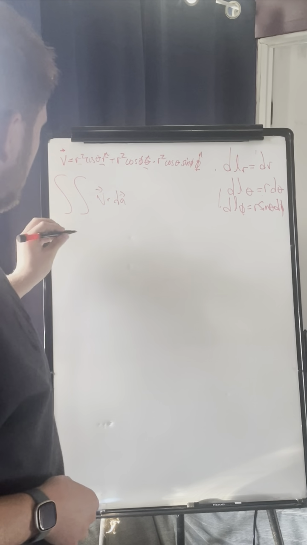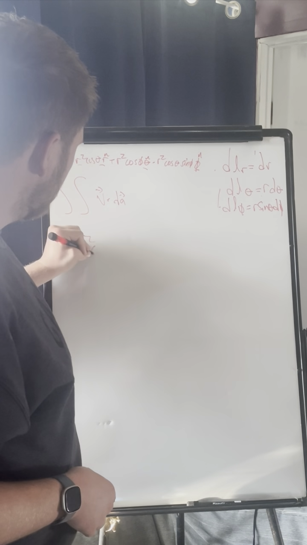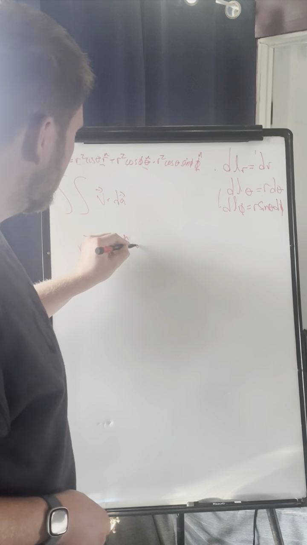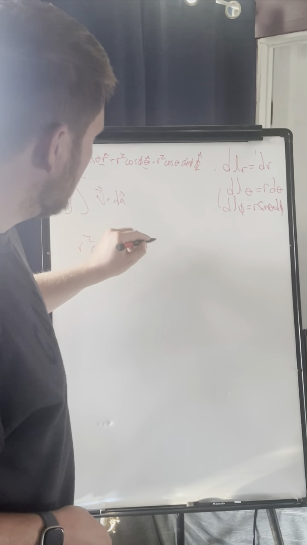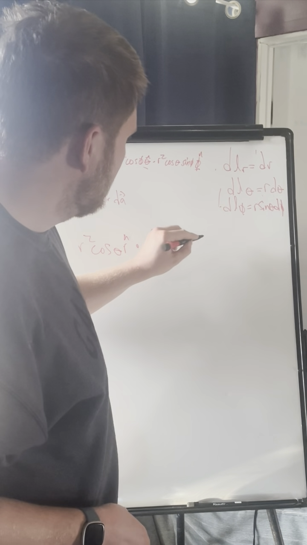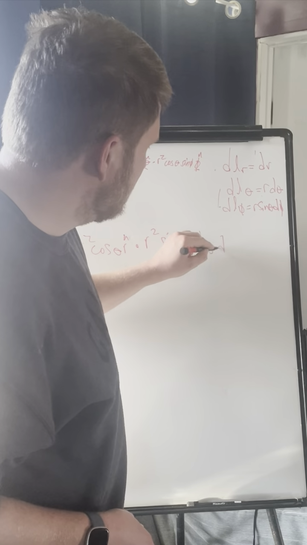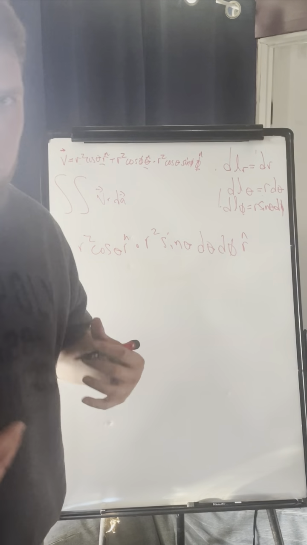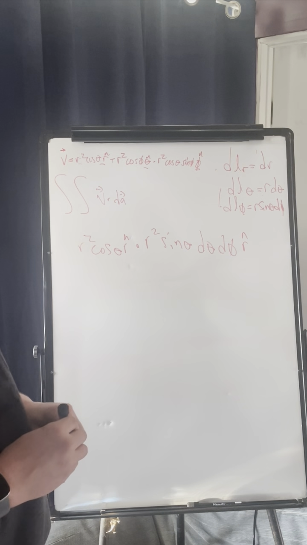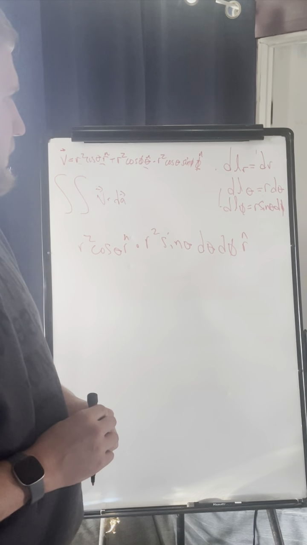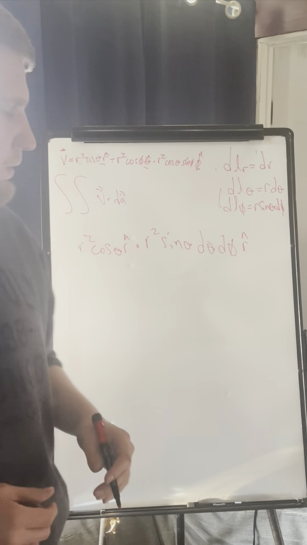So our r in this case is going to be a constant. r squared cosine theta r hat dotted with r squared sine theta d theta d phi r hat. We don't have to worry about the other directions because r hat dot theta hat, for instance, is going to be 0.